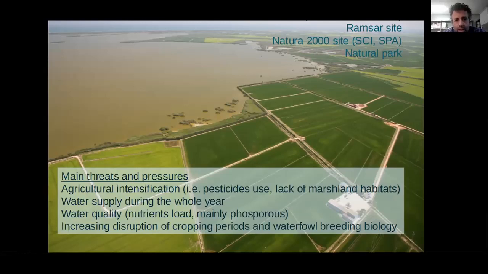So habitat restoration in Albufera in this last decade has focused on trying to make possible a recovery, focusing complementarily on these two problems, improving water quality and improving habitat availability for biodiversity.